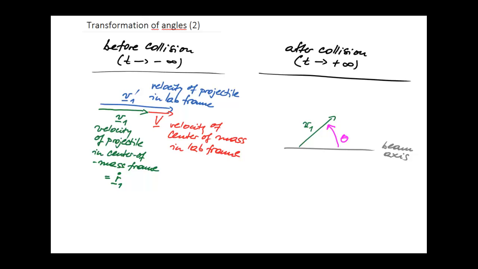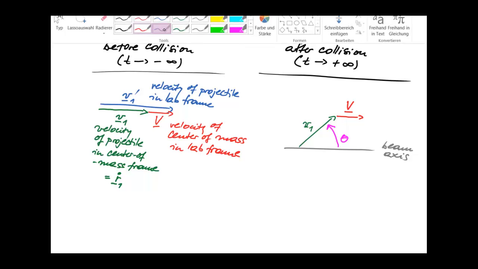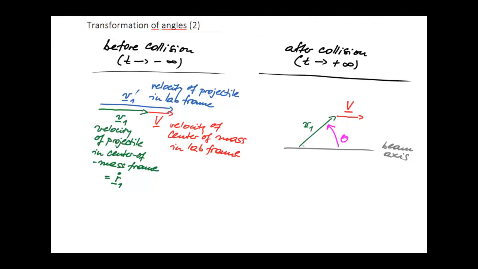So the center of mass still moves with respect to the lab frame with velocity vector capital V. And it's still true that the sum of these two vectors, the green and the red vector, must give the velocity vector v1 primed of the projectile in the lab frame.